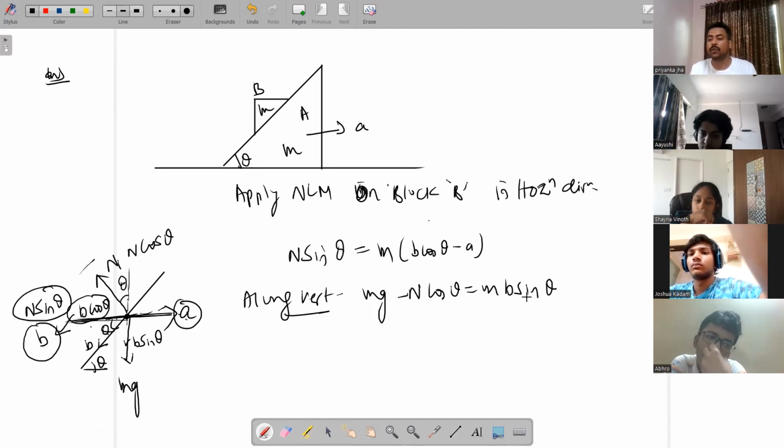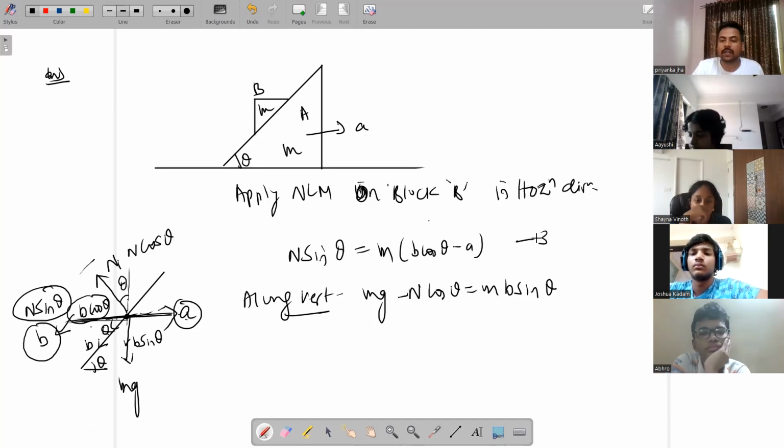That force equals mass into the net acceleration in the left direction. So you have to break this acceleration into B cos theta and B sin theta, and the net should be B cos theta minus A. Understood? So this is equation number 3. This is equation number 4. Let me know if you have any doubt.